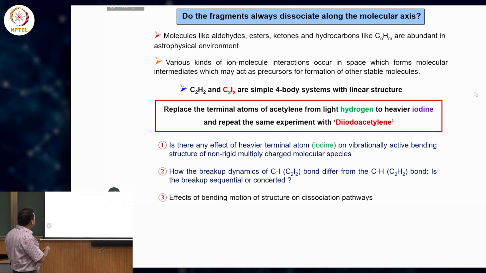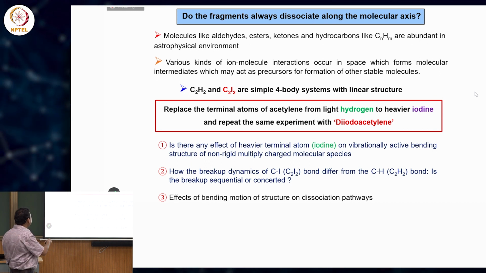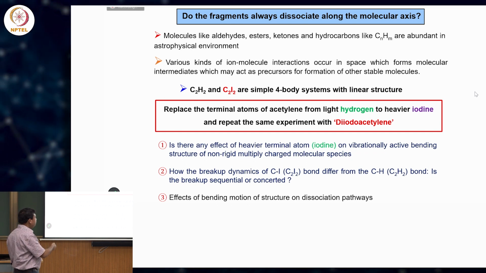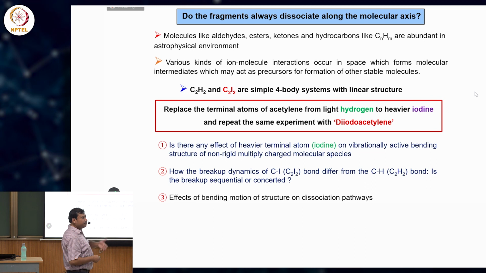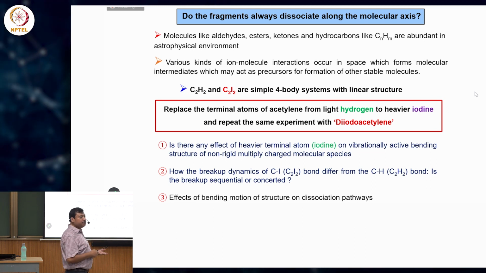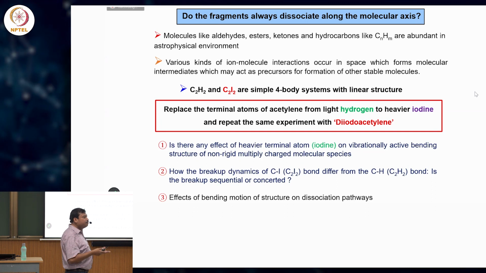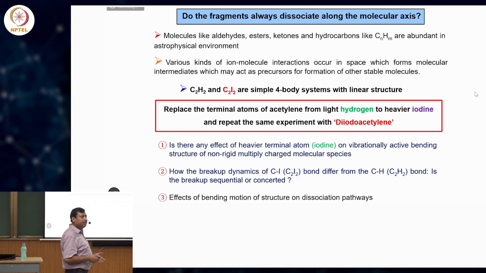There are many hydrocarbons in space. Sometimes ion-molecule interaction happens in space, where there are intermediates which may act as precursors. If you do spectroscopy of the space-relevant molecules which have been detected, sometimes you get fascinated by how this bond structure actually happens. Is it possible to make that molecule here in the lab?